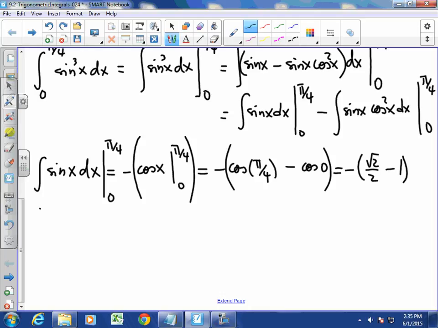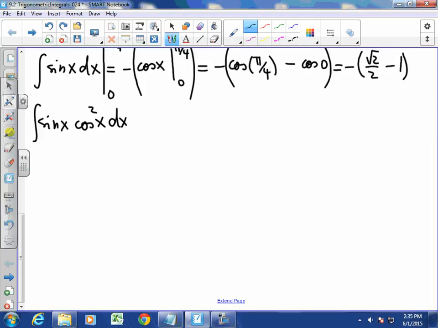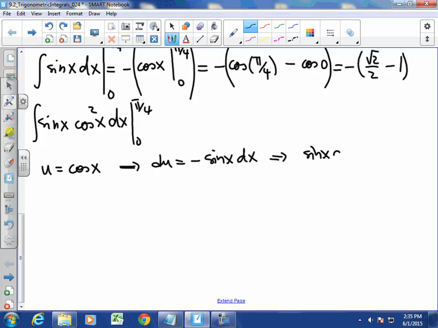The next one is the integral of sine x cosine squared x dx, again from 0 to pi over 4. To do this, we change our variable: u equals cosine x. Then du is negative sine x dx. In other words, sine x dx is negative 1 times du.